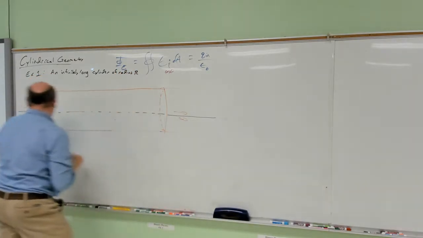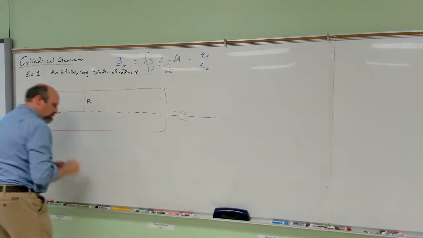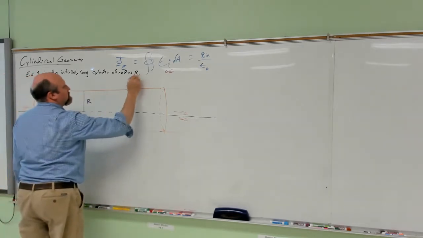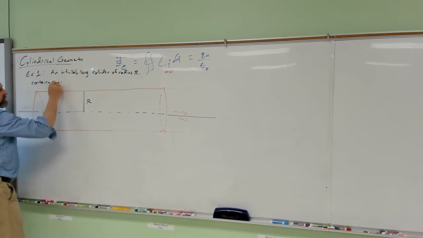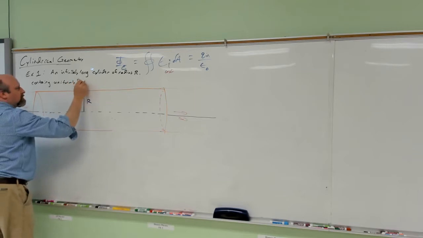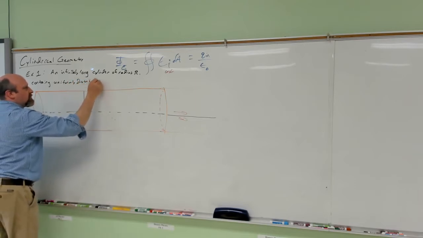So here, look, that's r. A cylinder of radius r containing a uniformly distributed charge.